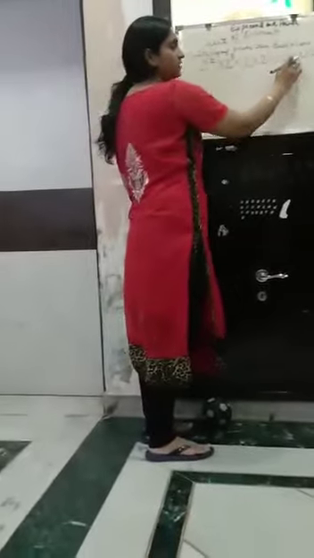Let's take an example, 2 raised to power 2 into 2 raised to power 3. Let us multiply this. The bases are the same, so this can be written as 2 squared into 2 cubed. So 2 three times. How many 2's are there? 1, 2, 3, 4, 5. So this can be written as 2 raised to power 5.